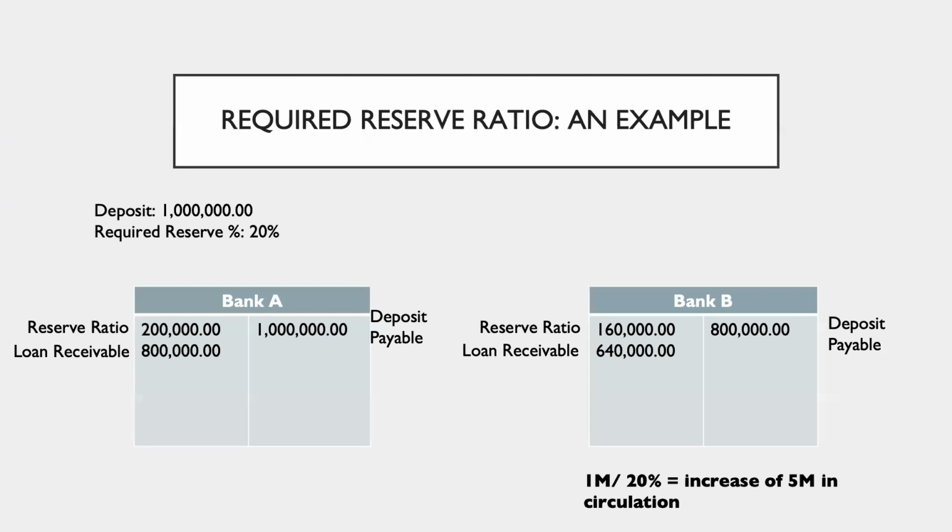Here, Bank A and Bank B are both commercial banks, and both, as you can see, have their individual T accounts. For Bank A, let us say I am depositing 1 million pesos.